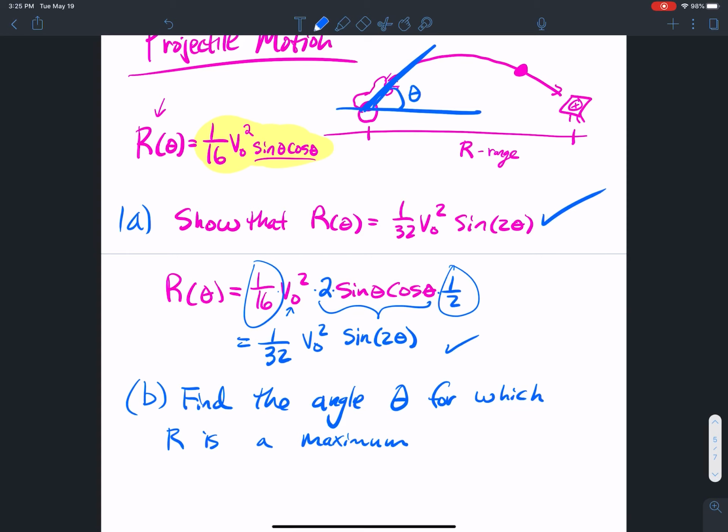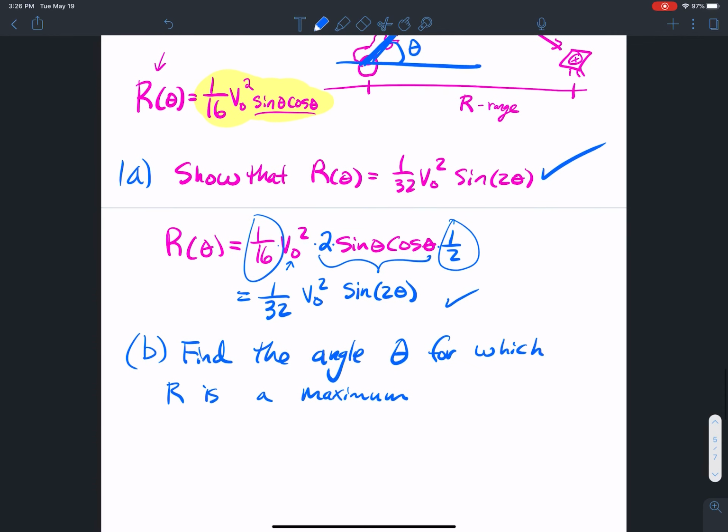Now, in this form, the largest value for the R can be found for a fixed initial speed v naught. The angle theta of inclination to the horizontal determines the value of R. Okay?